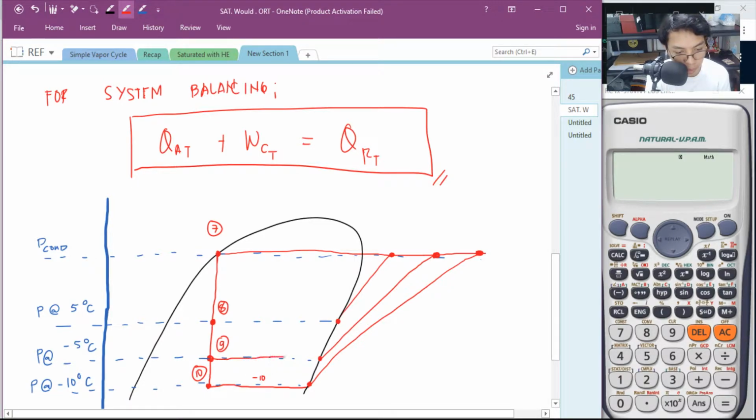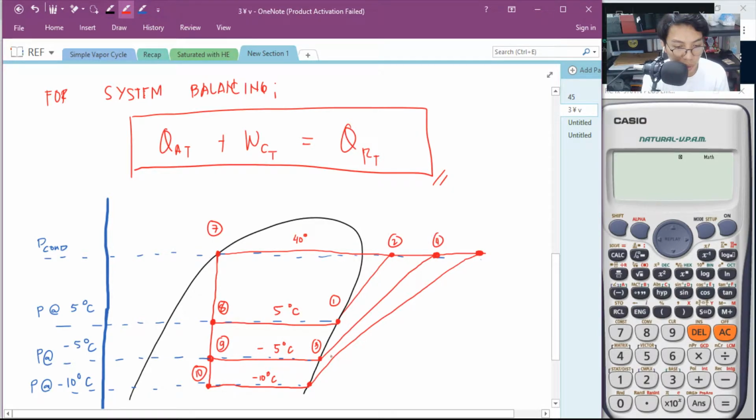I-trace mo rin dito, solid line yan, para magkaroon ka ng flow. -10 degrees Celsius, this is -5 degrees Celsius. This is 5 degrees Celsius. And this is 40 degrees Celsius. Nasaan ang 1 dyan? Nandito. This is 2. This is 3. This is 4.